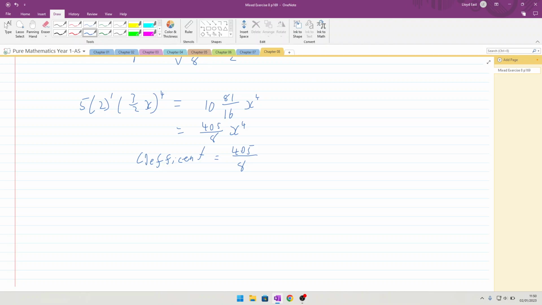Which, if you check in the back of the book, they want the answer of 50.625. It's the same thing.